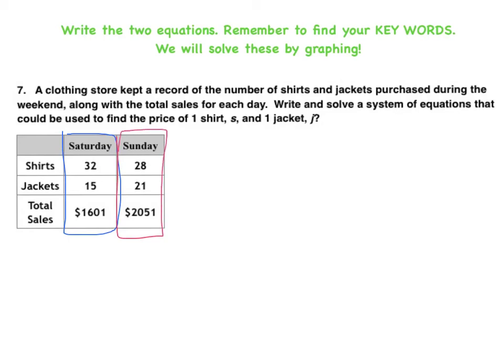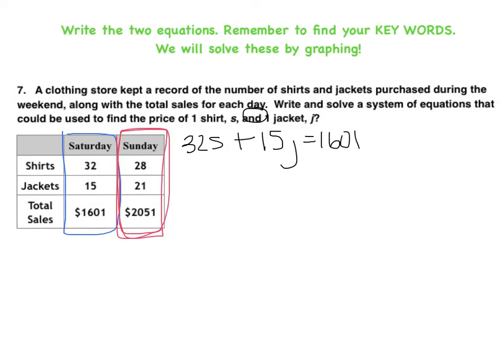So notice I have Saturday in blue and Sunday in red. Now, how many t-shirts did they sell on Saturday? 32. So I have 32S, and I sold 15 jackets, which is 15J, and I made a total of 1601.